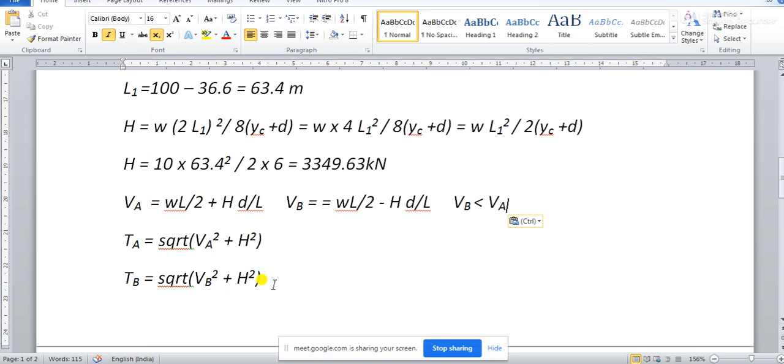So obviously, from these two equations you will see your TA tension value will be greater than your TB value.